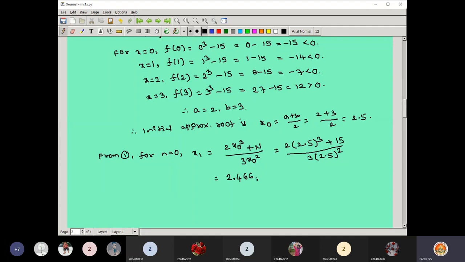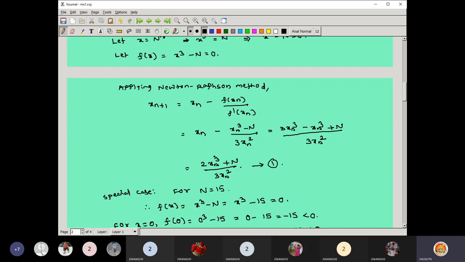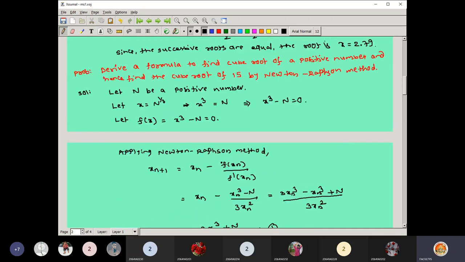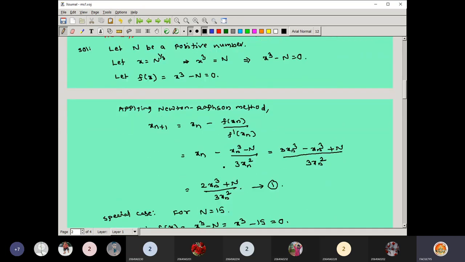Look at this one. Without using the calculator, I am going to calculate the cube root of that particular number by applying the Newton-Raphson method. That is the greatness of mathematicians. Are you understanding this value? Previously, we derived a formula to calculate the cube root.